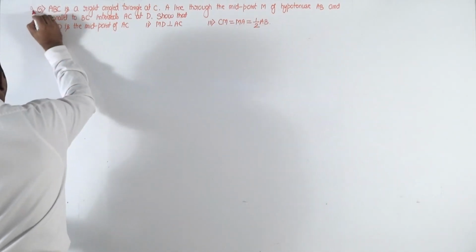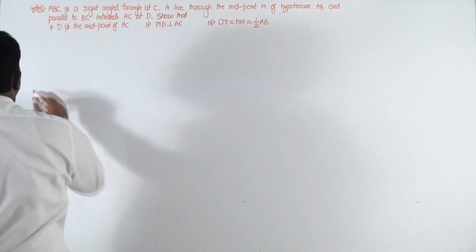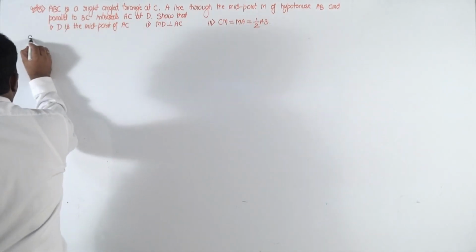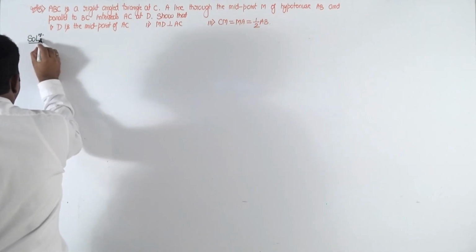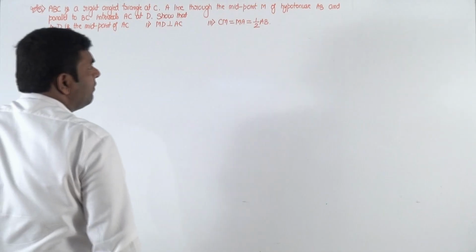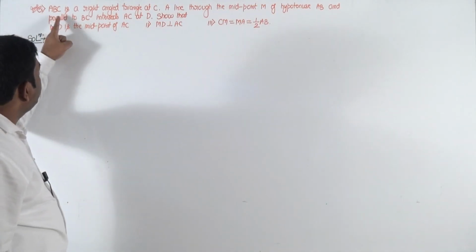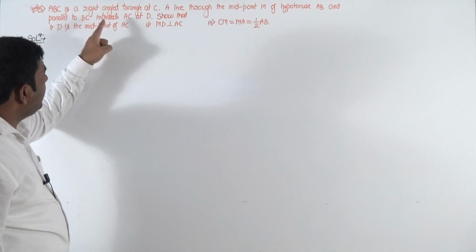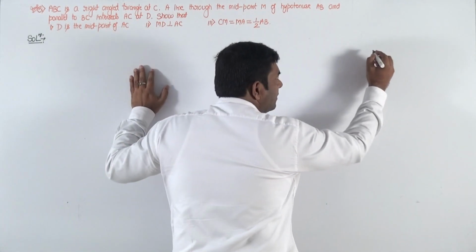An important numerical. The solution is, first of all हम फिगर ड्रॉ करेंगे accordingly. ABC is a right angled triangle at C. इसका मतलब है ऐसा है.